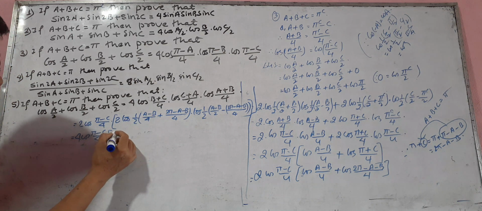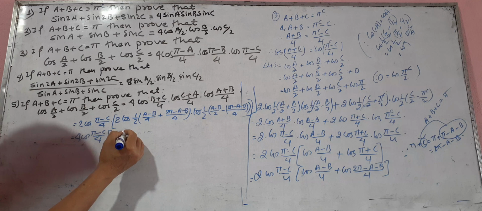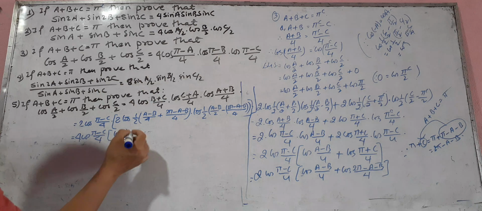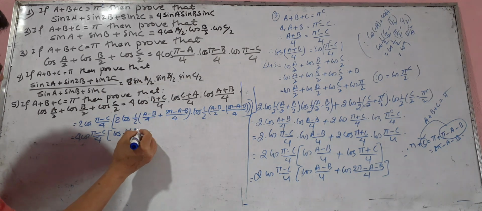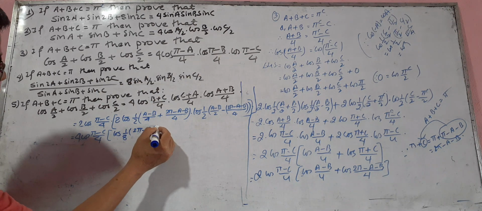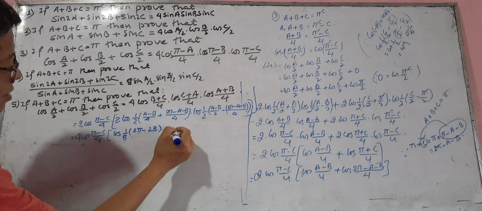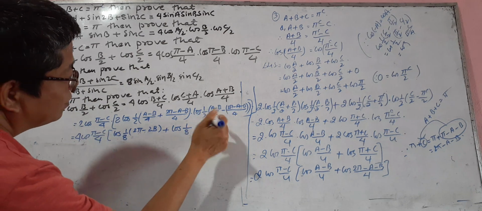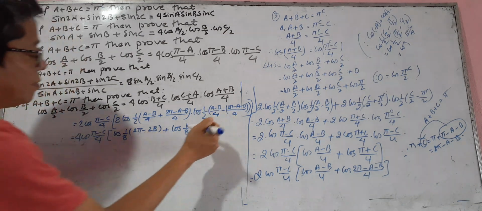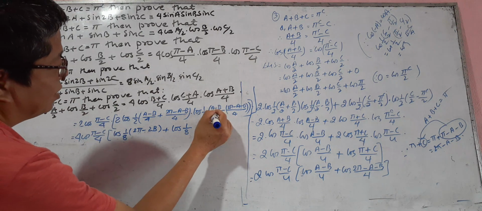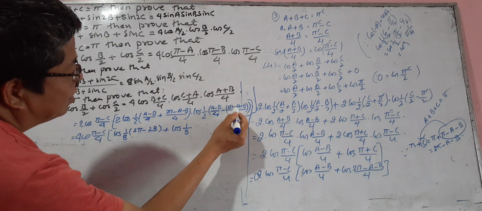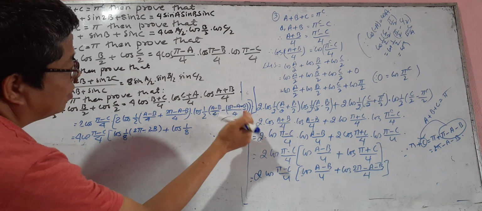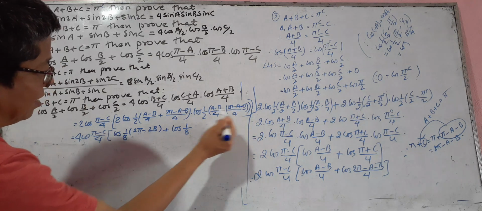So we have got cos 1/2, 4 twos are 8, and you get 2 pi minus 2b, plus in the same way in this part 1/8, sorry, it is 4. When subtracting these two, there is a minus sign, so this becomes plus, this becomes minus, and this becomes plus. So b and b cancel.